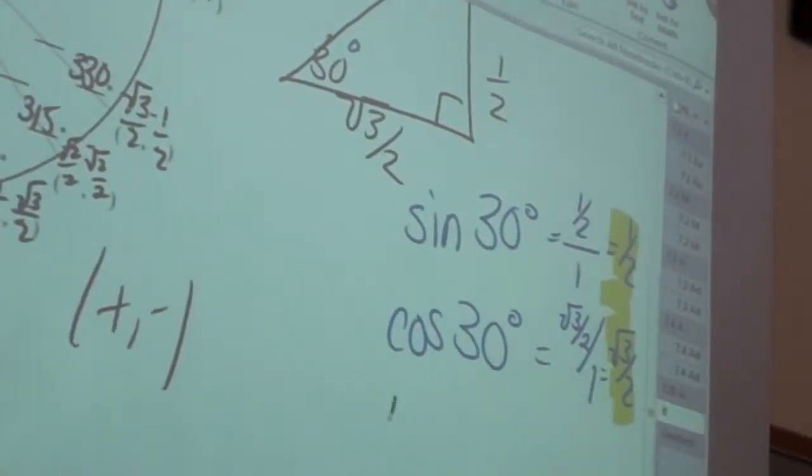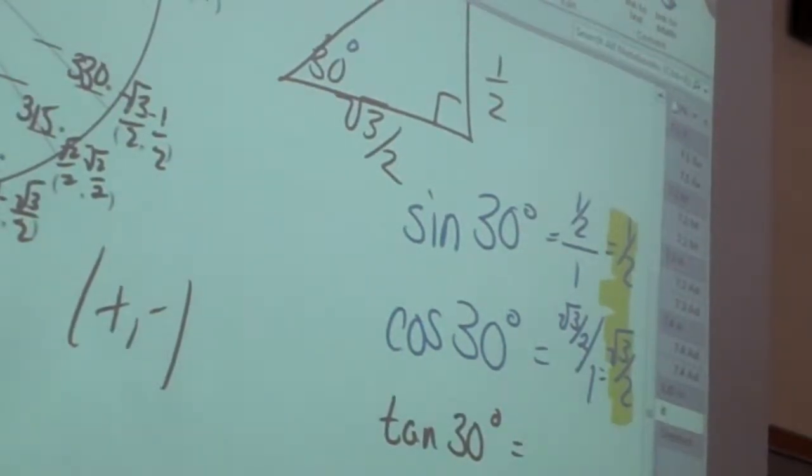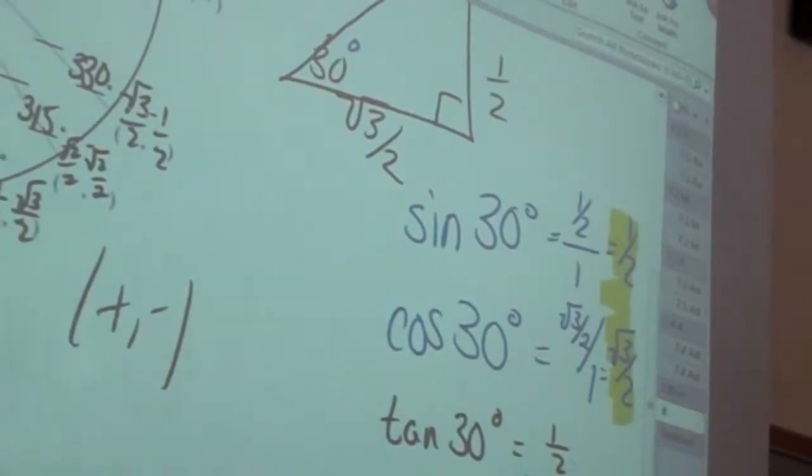Let's talk real quick about tangent. What's tangent? Opposite over adjacent. So it's 1/2 over square root of 3 over 2. Now, 1/2 is technically your what? Your y. And square root of 3 over 2 is your x.